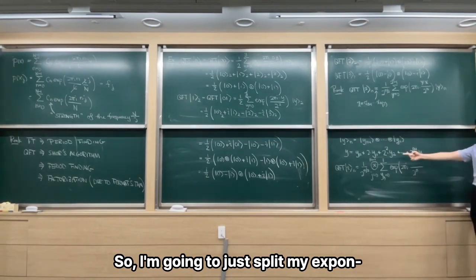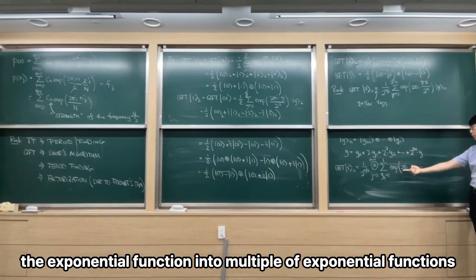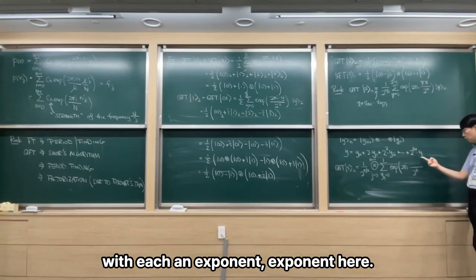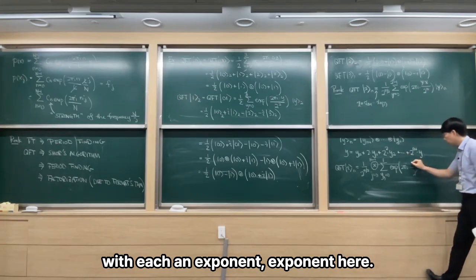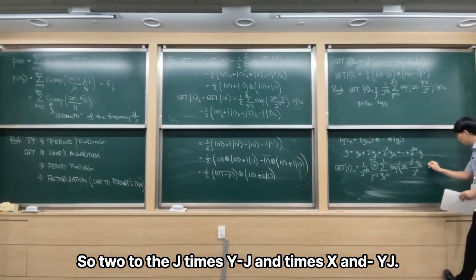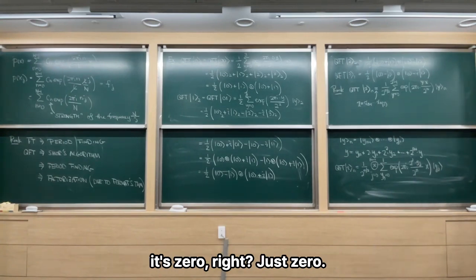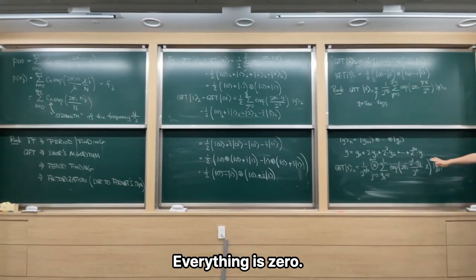So I'm going to just split my sum of exponents inside the exponential function into multiple exponential functions, each with an exponent here: 2^j times y_j times x. Okay, so whenever y_j is 0, everything is just 0.